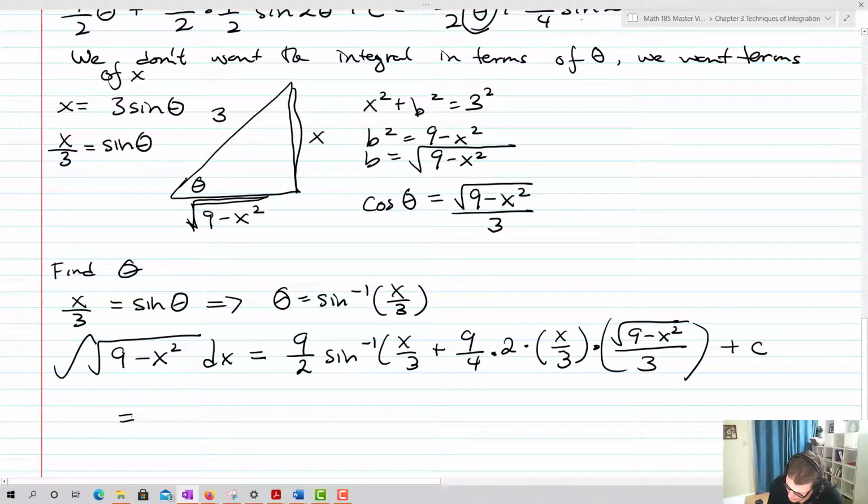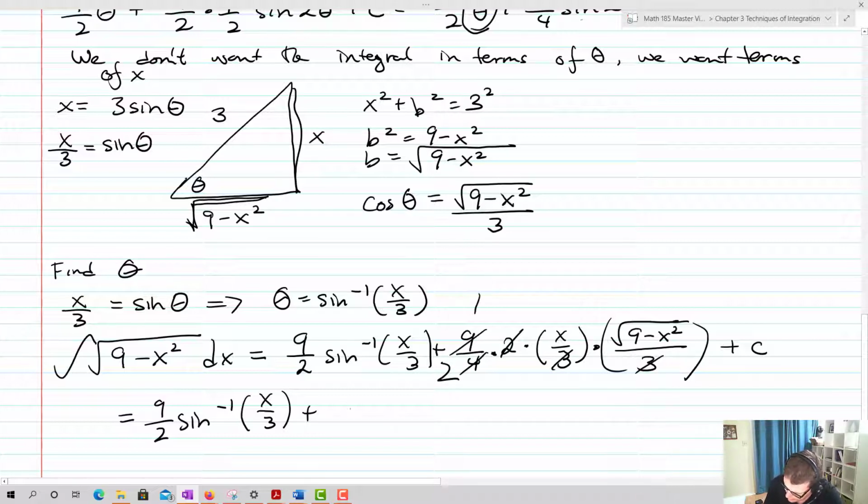And this will end up equaling then 9/2 sine inverse x over 3 plus, and this will divide out, that'll become a 2. The 3's will cancel, that becomes a 1. So it'll be plus 1/2 x times the square root of 9 minus x squared plus c.